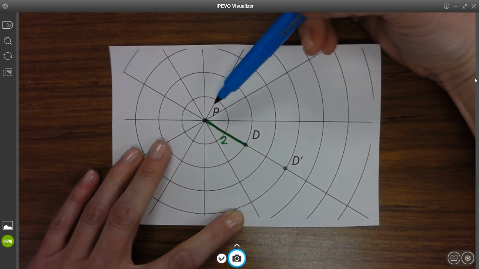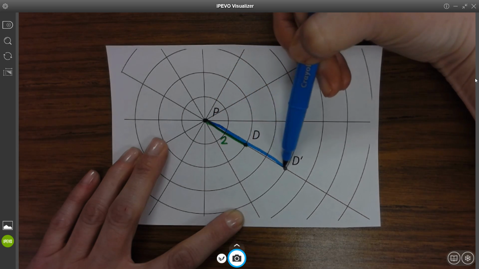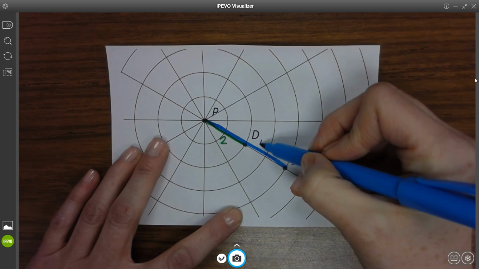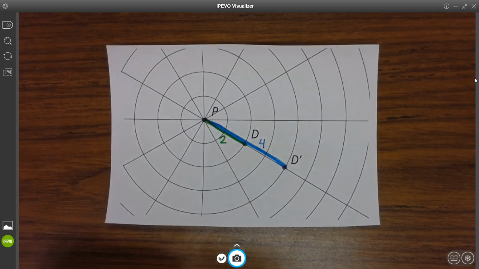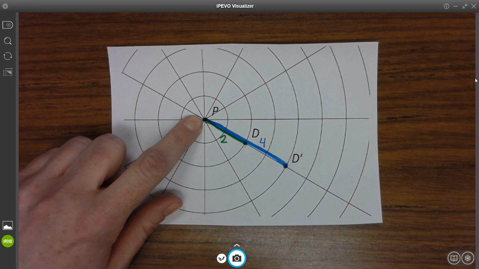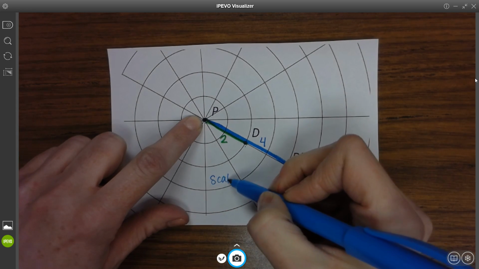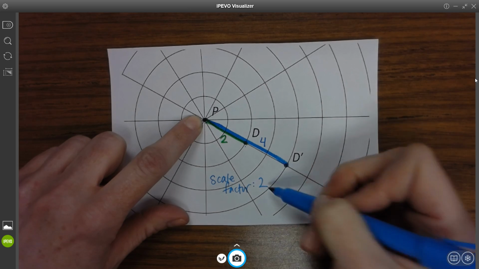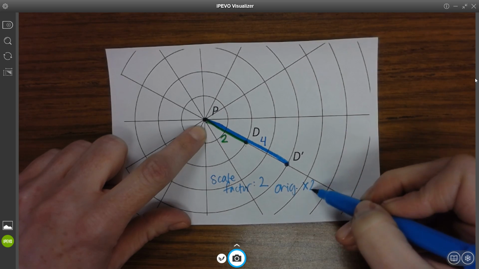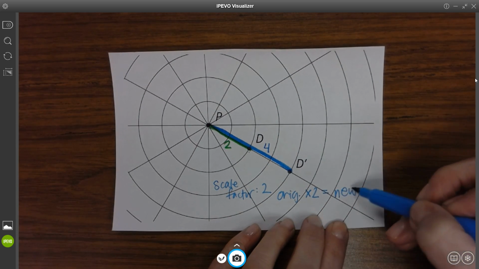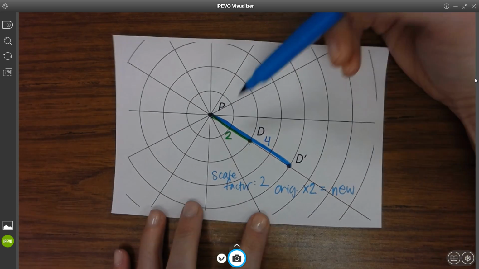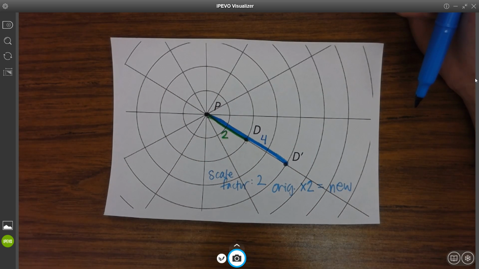Now, if I go from my center to D prime, and again, you're just watching, you don't have this on your paper. My center to D prime is 4. So my original distance was 2. Now my new distance is 4. So this would be a scale factor of 2, because original times 2 gets me my new distance, right? So keep that in mind as we work. We always go back to the center.